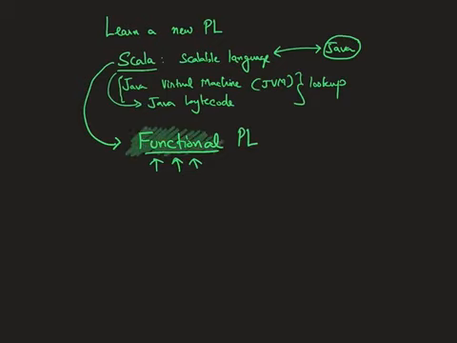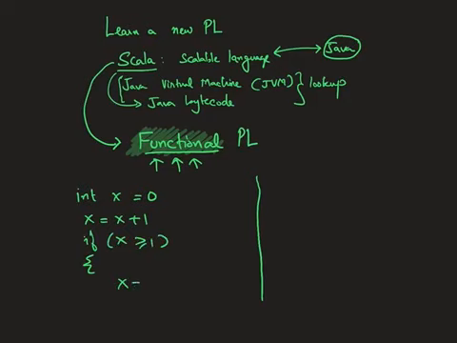So briefly, what is functional programming? Well, if you think about programming in a language like C or C++, you think about programs like this: int x equals 0, x equals x plus 1, if x greater than or equal to 1, then x equals x minus 1, don't forget the semicolon, else x equals x plus 2.